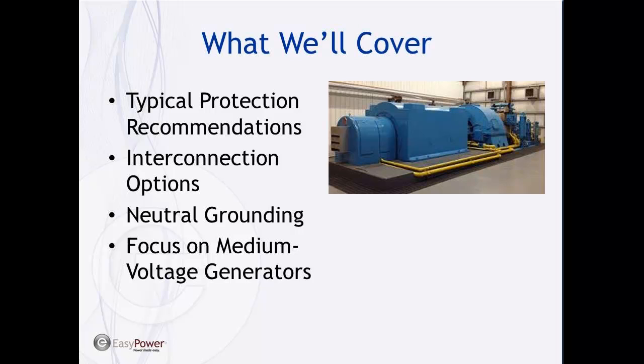So we'll look at some examples of different types of connections and just discuss the basic protection requirements. At the end, I'll give you a couple of references. If you're getting into this in more detail, you may want to look into those as well.